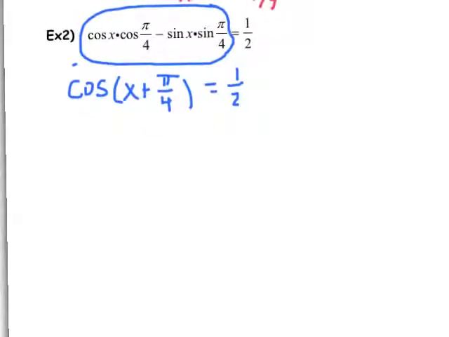Okay, all right, so my next step is to go ahead and get rid of this cosine by taking its inverse. So now I'm left with x plus pi over 4 equals inverse cosine of 1/2.